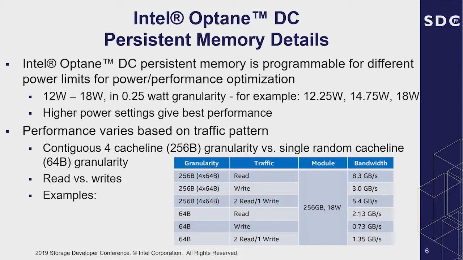So these are the read, write, and then read-write grouped together bandwidth rates for the persistent memory. Of course higher power settings give higher performance on the memory product. How do you set the power?